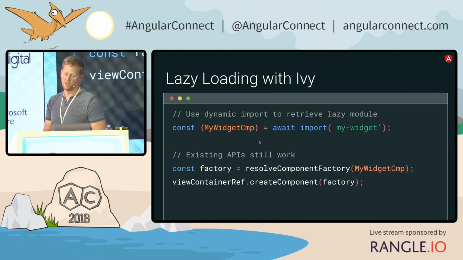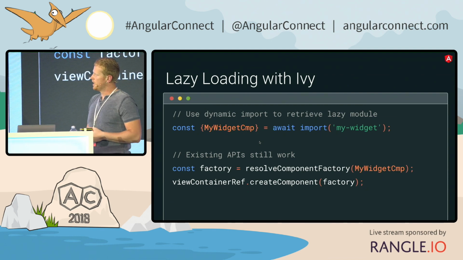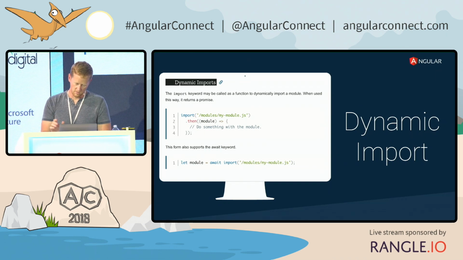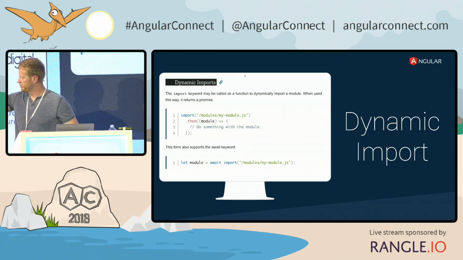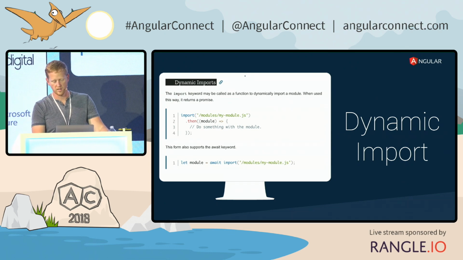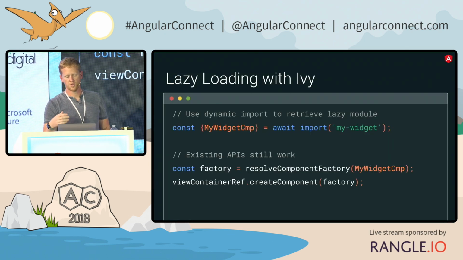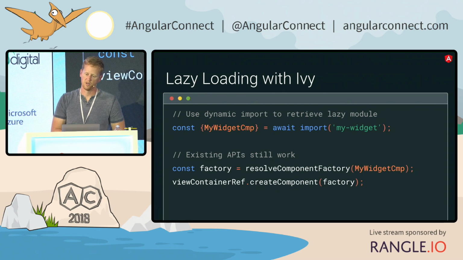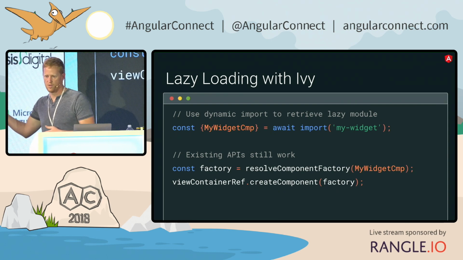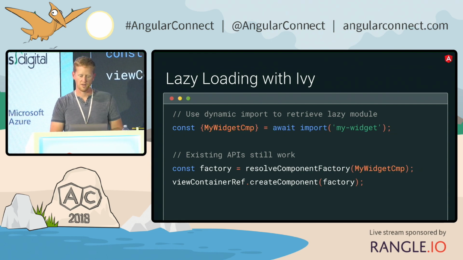For my widget component, we can do an import on my widget. And this is supported in TypeScript. So if you go to MDN, you'll see that you have to put the .js on there. All the pathing has to kind of work out correctly. But with TypeScript, as long as, like in this case, my widget is installed in node modules, it's going to be able to resolve the path.